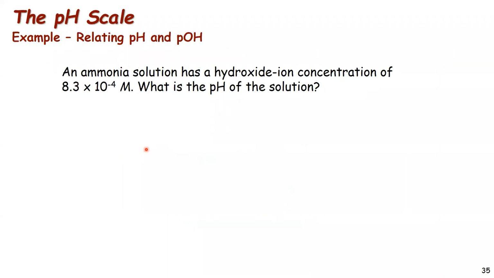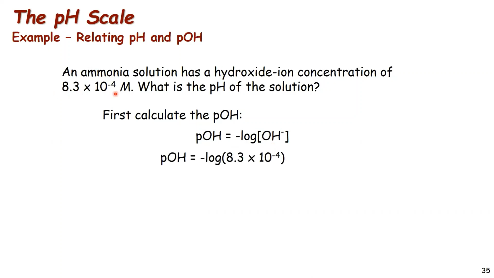Okay, an ammonium solution has a hydroxide ion concentration of 8.3 times 10 to the negative 4 molar. What is the pH of the solution? Well, we got 2 ways we can solve this. One, we could start with the pOH, right? Since we got the hydroxide ion concentration, we could determine the pOH, so just the negative log of the 8.3 times 10 to the negative 4, which would be 3.08.